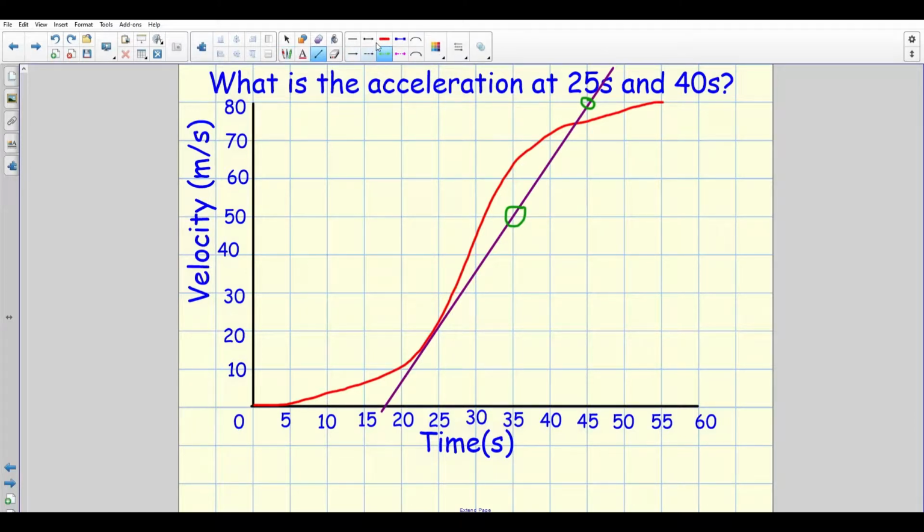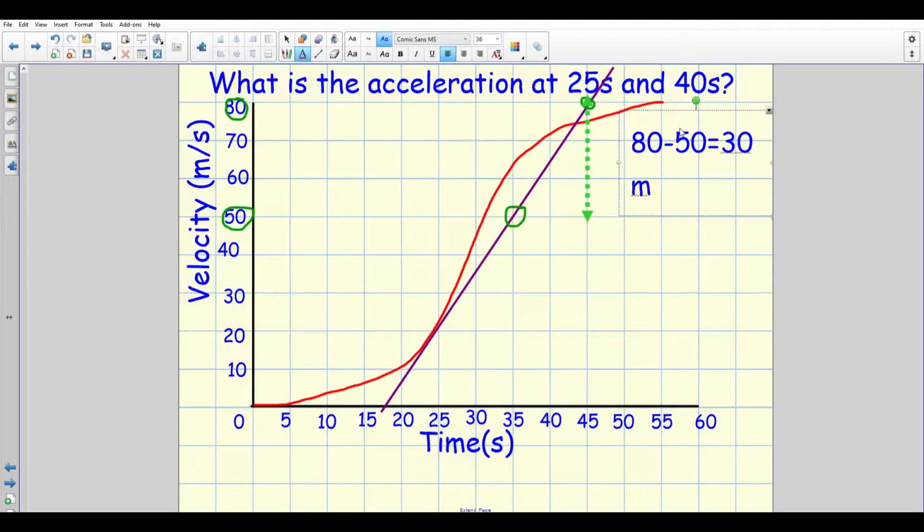From there to there, it's gone from 50 to 80. So 80 minus 50 means I've changed by 30 meters per second. That's my change in velocity in that certain amount of time.